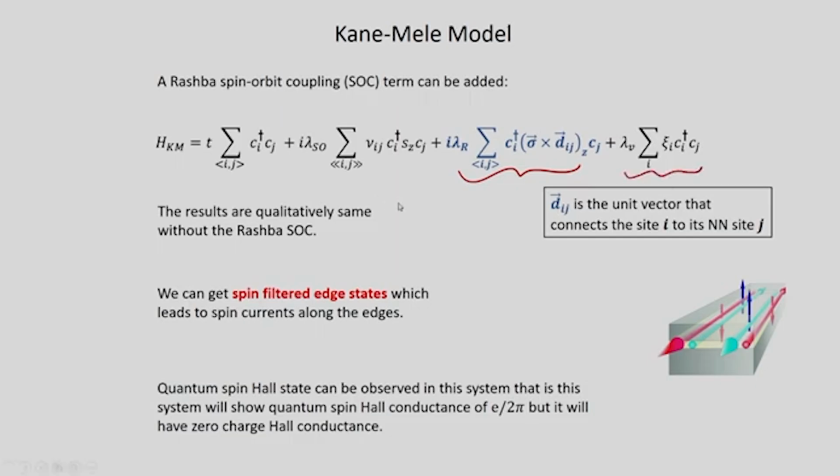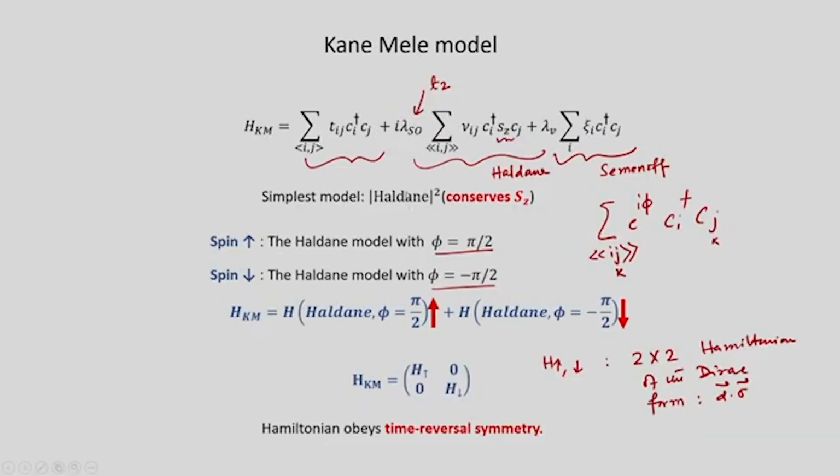Now, this creates one additional complication, which is what we have seen here. The Hamiltonian no longer remains block diagonal, as you can see. Okay. There are off diagonal elements in this 4 by 4 Hamiltonian, and it does not have the block structure that you see here.